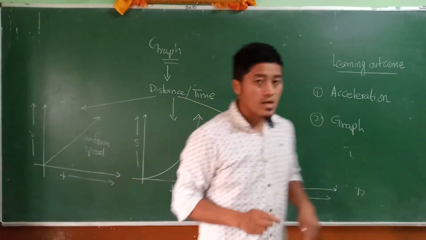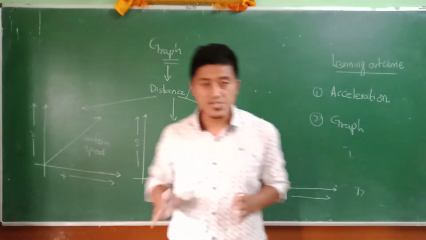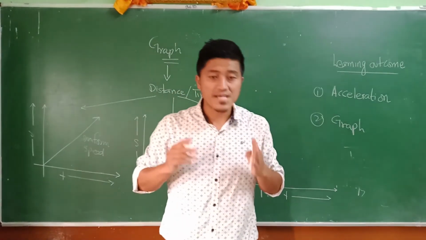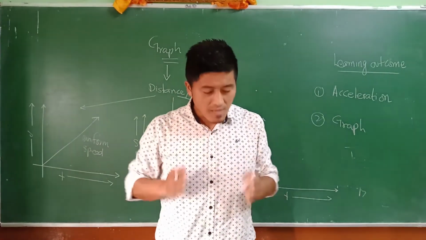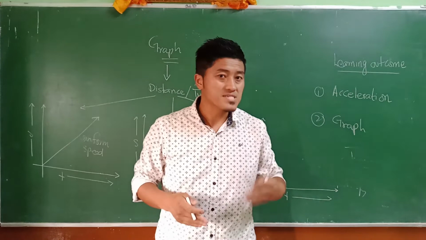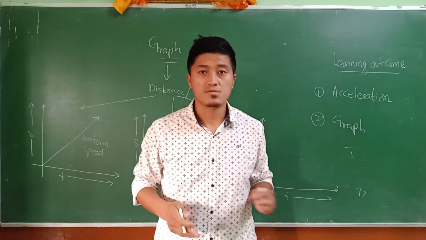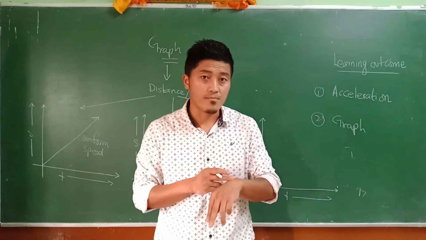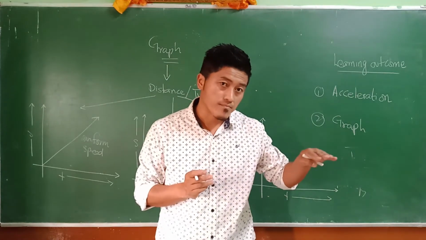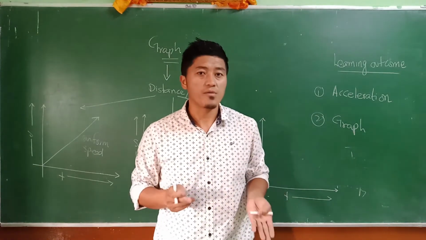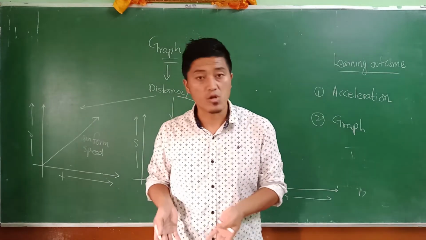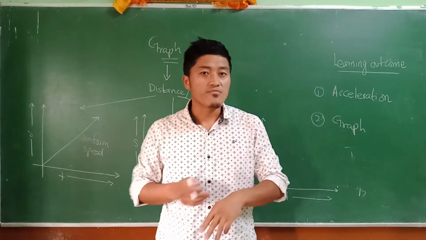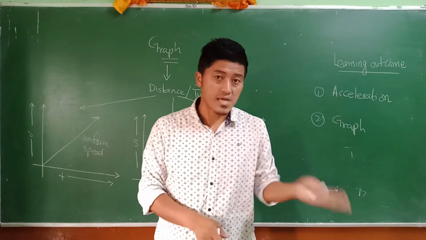Now the third one is the condition where, imagine I'm standing over here right now. Am I covering any distance? No, distance is 0 because I'm standing at one stationary position. But what about the time? Time will keep on going, because it will not wait for me. For example, right now maybe it's 9 o'clock in the morning. If I wait another hour, it will become 10 o'clock.